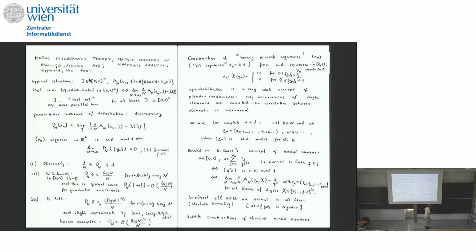If α has continued fraction expansion, say a0, a1, and so on, then this optimal discrepancy bound is equivalent to the arithmetic means of these denominators being bounded. Of course, this is a weaker condition than assuming that the coefficients aj themselves are bounded.